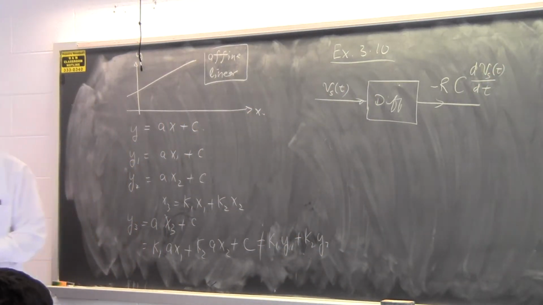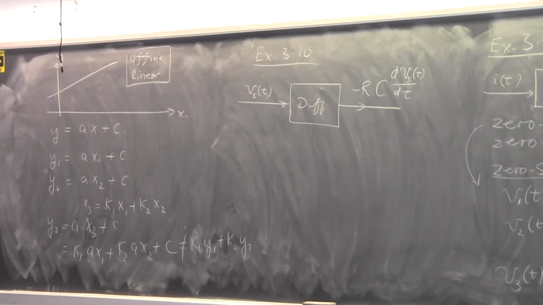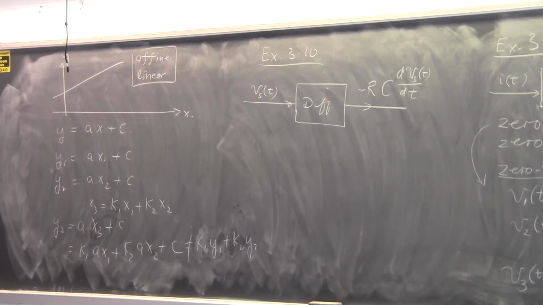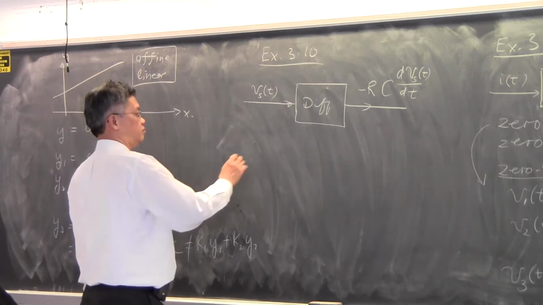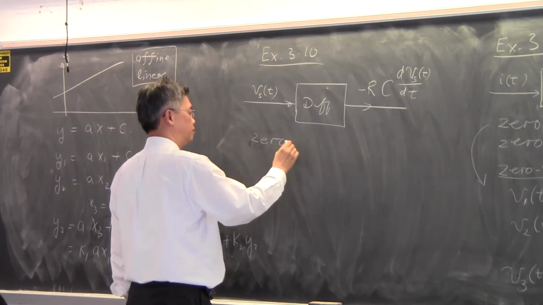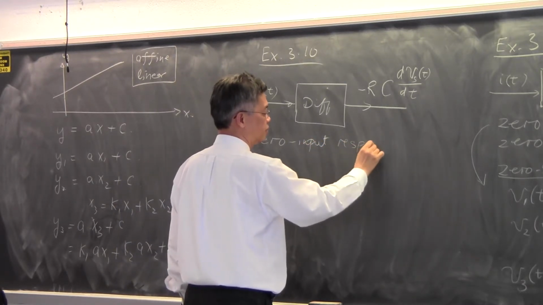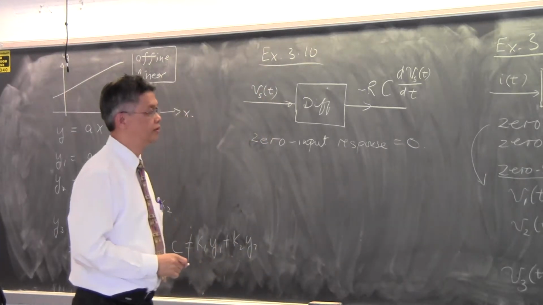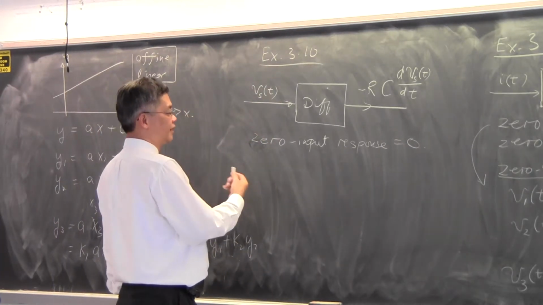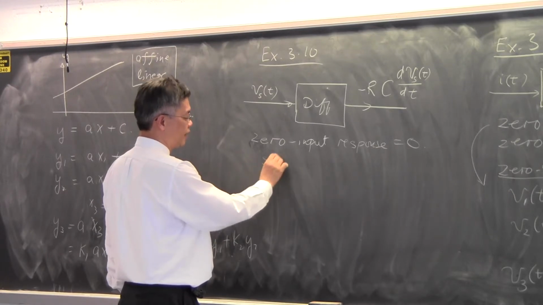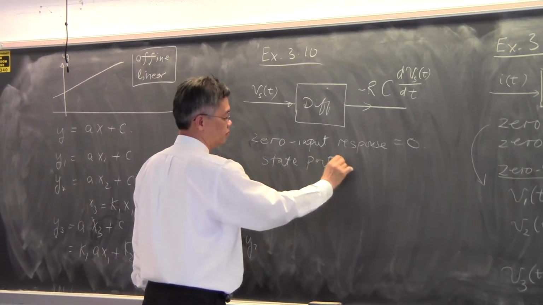Okay. Is this a linear system? We ask ourselves what the output is if there's no input to this system. This is a differentiator system. If there's no input to this system, the output is 0. Okay, so the zero input response is equal to 0, which means that the state part is equal to 0.